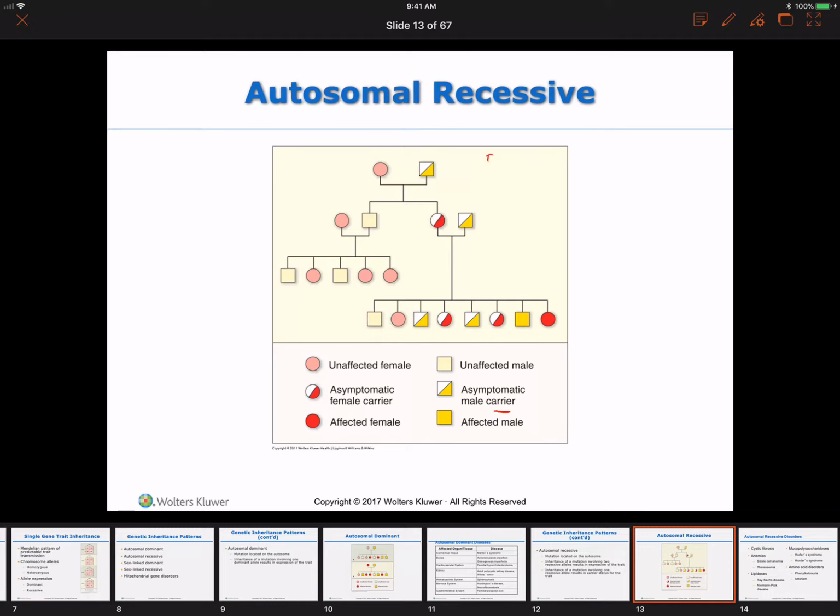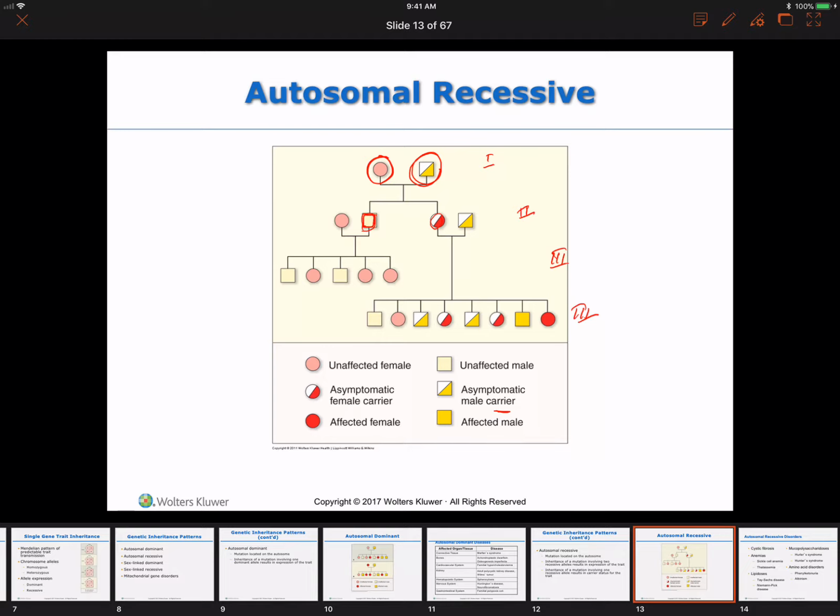So again, we have generation 1, generation 2, and then generation 3, which is depicted in 2 areas. So a carrier dad married a normal mom, or unaffected mom. They have 2 kids. They have a boy who doesn't have the disease, unaffected, and a girl who is a carrier. All right.